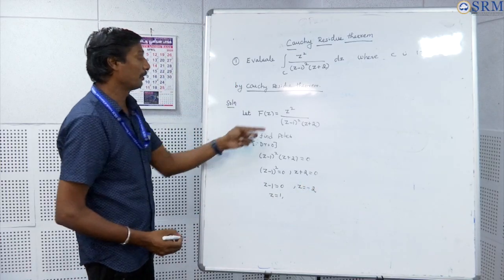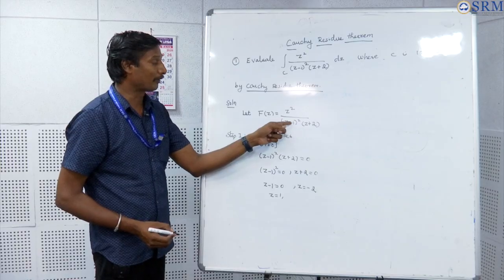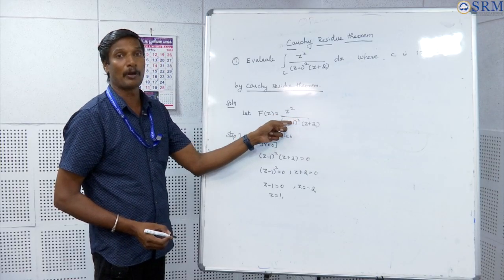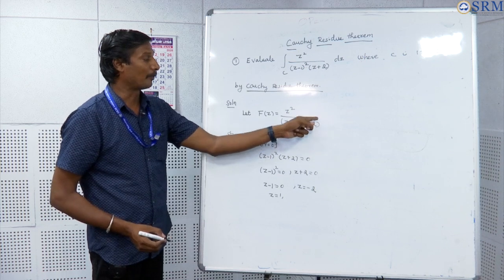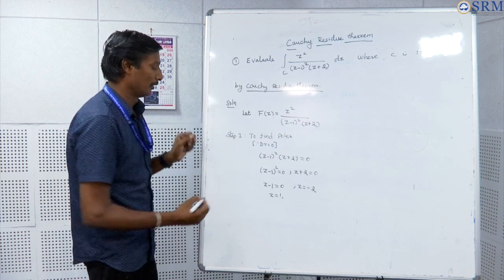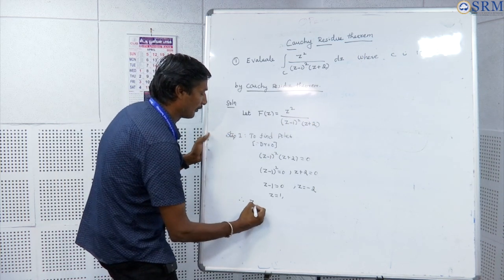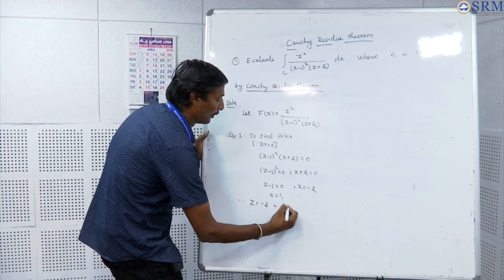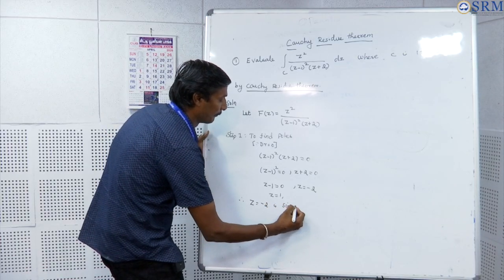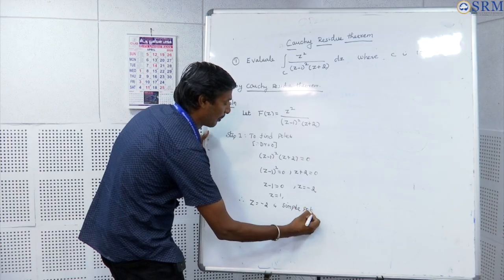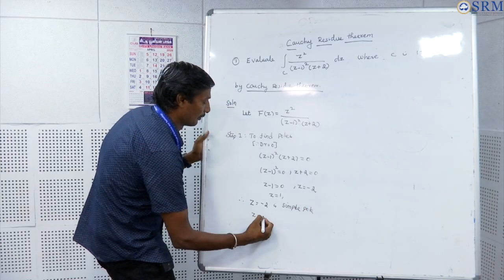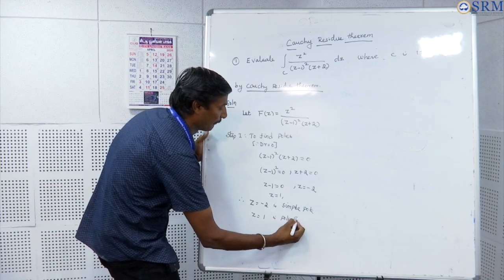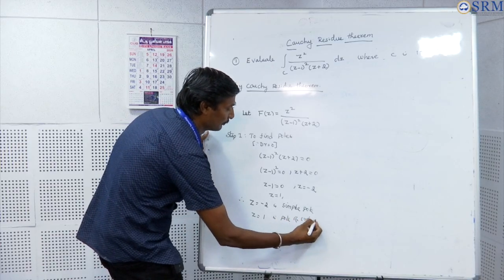My dear students, very important: power 2 means a pole of order 2, and power 1 means a simple pole. Therefore z equal to minus 2 is a simple pole, and z equal to 1 is a pole of order 2.